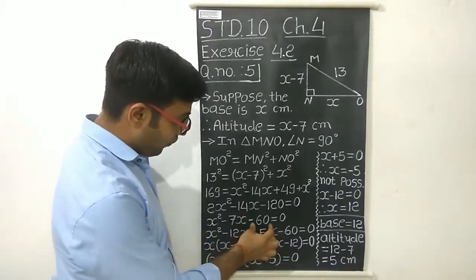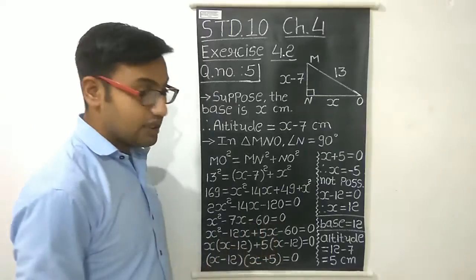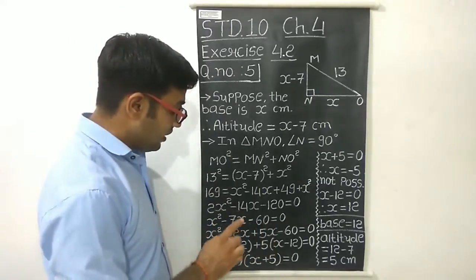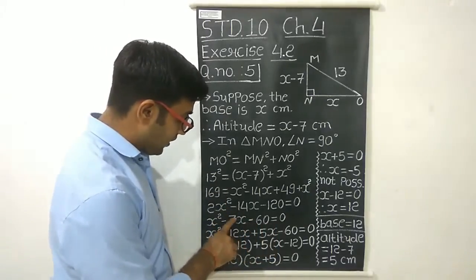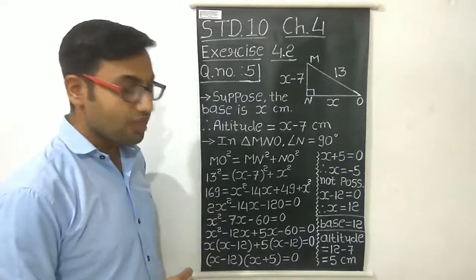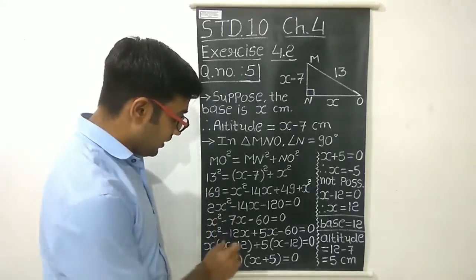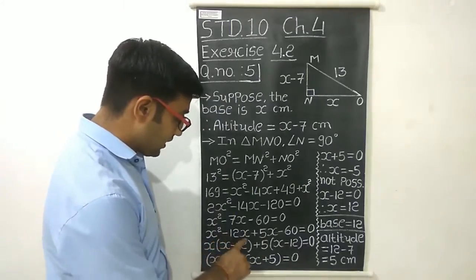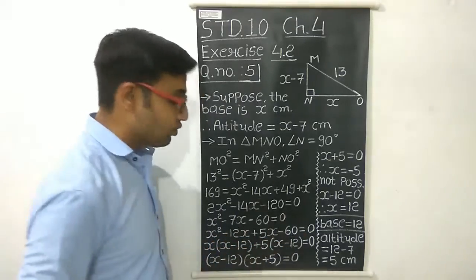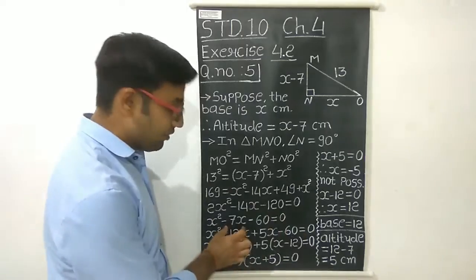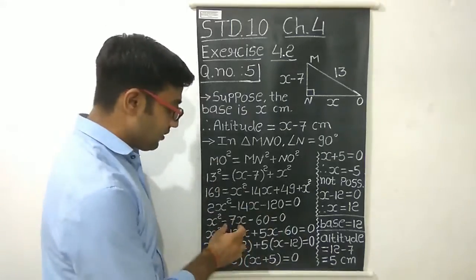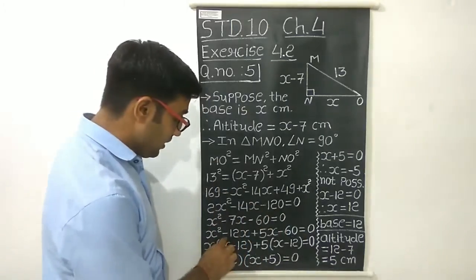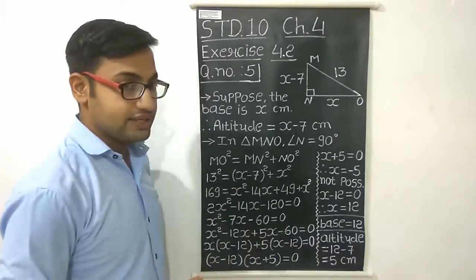We have to factorize 60 such that the difference of both the factors is 7. What we get here is 12 times 5 is 60. So x squared minus 12x plus 5x minus 60 equals 0. We write the middle term in another form as minus 12x plus 5x.